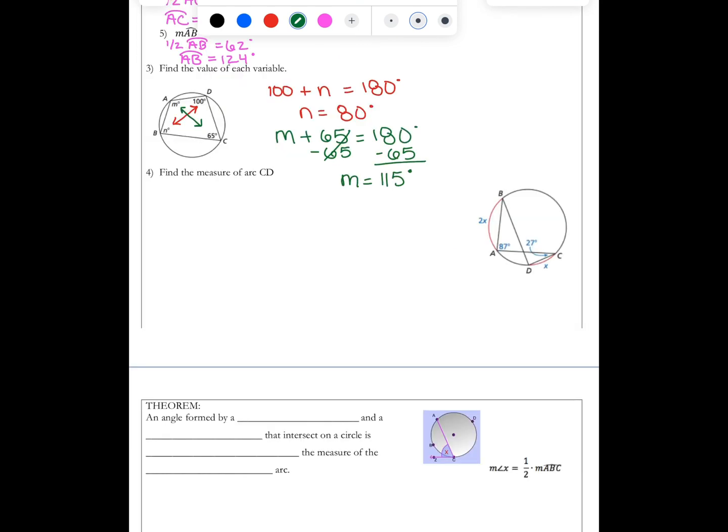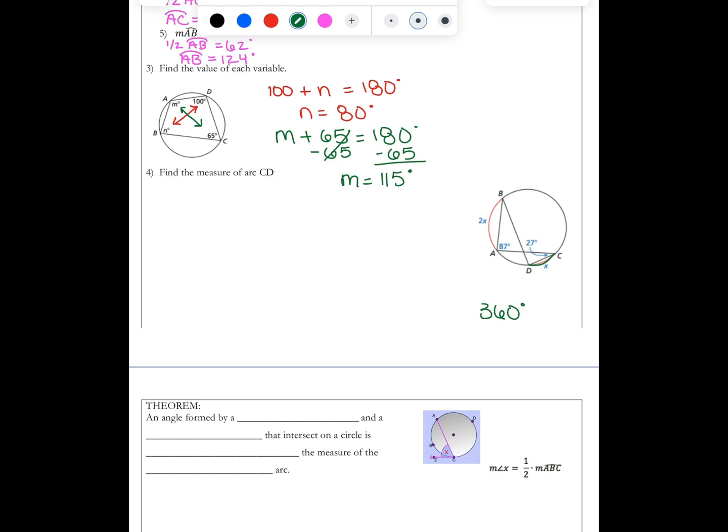Number 4 is wanting us to find the measure of arc CD. So they labeled it X for us here. The first thing that we need to do is know that our entire circle must add up to 360 degrees. Okay?